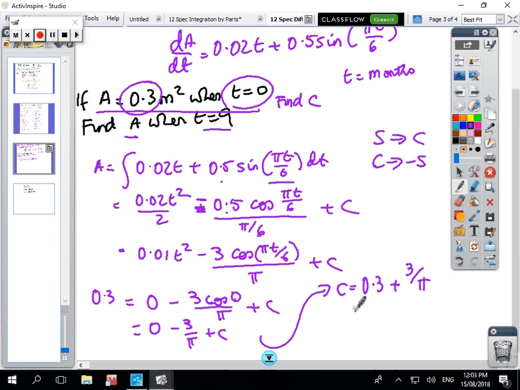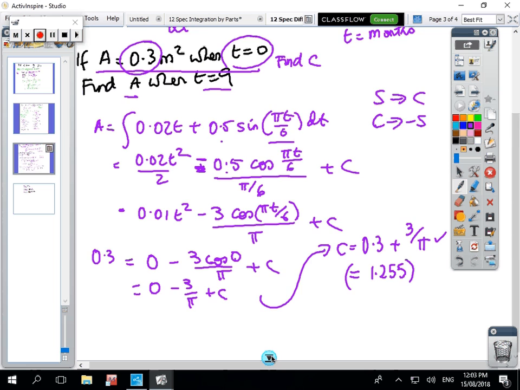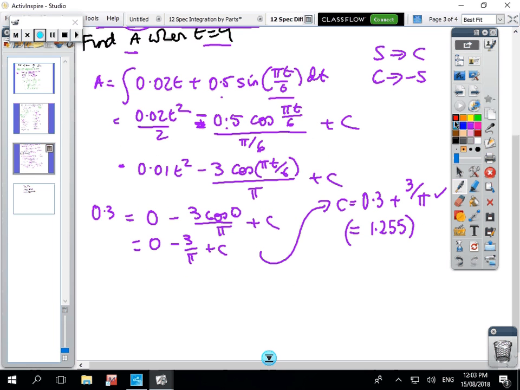And you can leave it like that, or approximately, according to my calculator, 1.255. But that's the exact answer if you want. Okay. So let's write the formula out again. So A equals 0.01 t squared minus 3 cos pi t over 6 over pi.